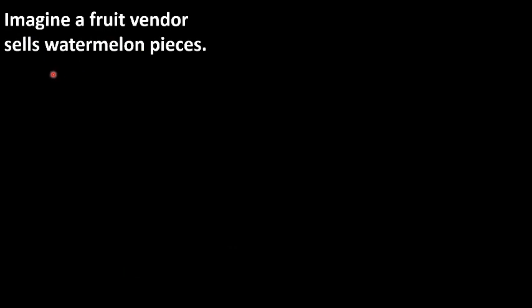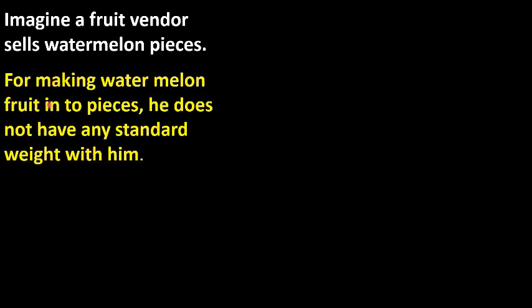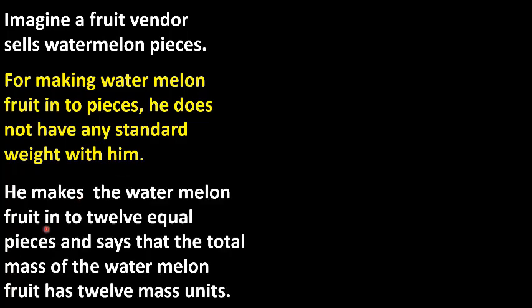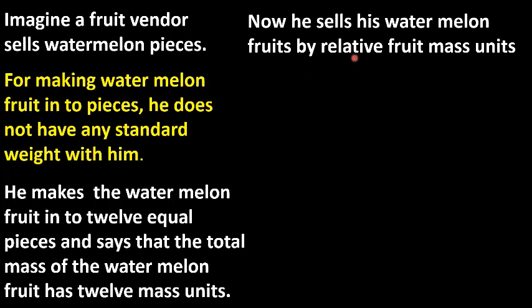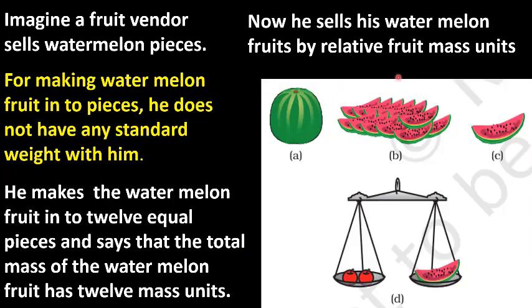Imagine a fruit vendor sells watermelon fruits by pieces. For making watermelon fruit into pieces, he does not have any standard weight with him, or he cannot cut into the same size. He makes the watermelon fruit into 12, of course almost equal pieces, and says that the total mass of the watermelon fruit has 12 mass units. Now he sells his watermelon fruits by relative fruit mass units.